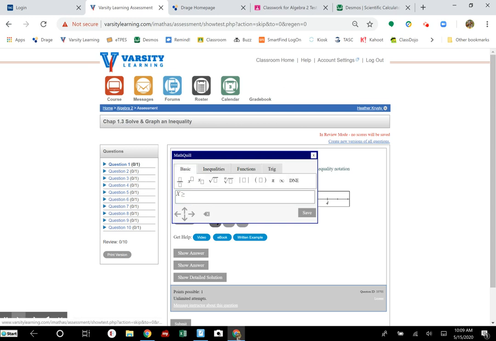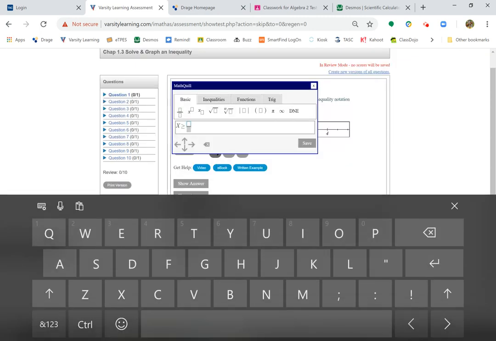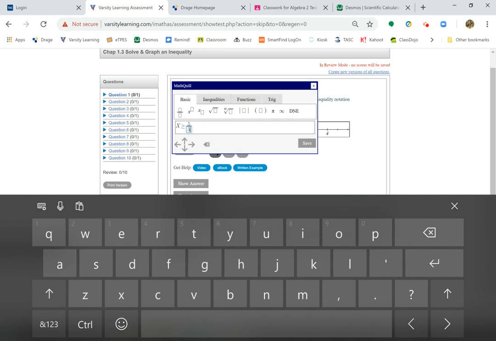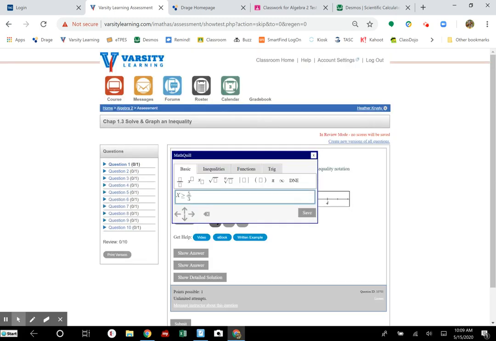So you can go back to basic, hit a fraction, and then put in 5/3. Now I need a keyboard here. So I need a 5/3. And I would hit save after you do that.